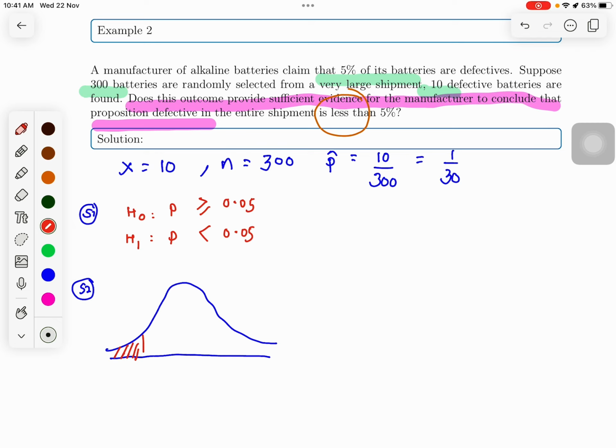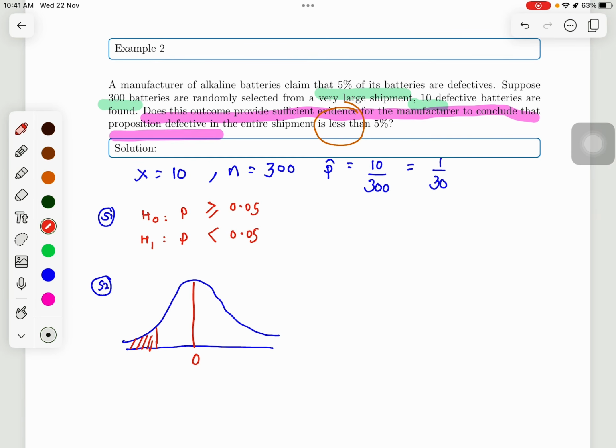Our aim is to get the critical value for this. Okay, so our critical value is here, of course it will be negative.